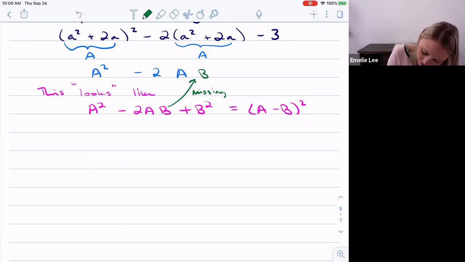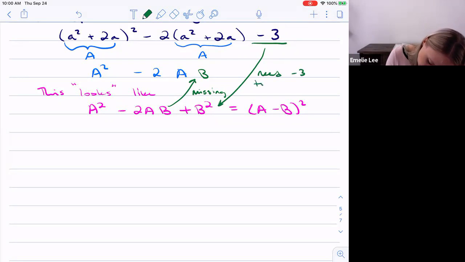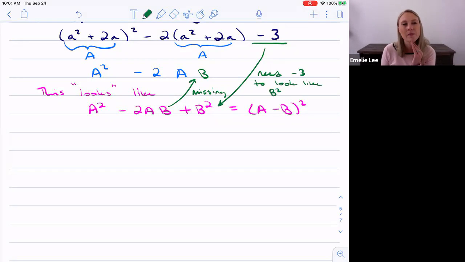And then here, it's not really missing, it's there, it's minus 3, but we need minus 3 to look like b squared, right?